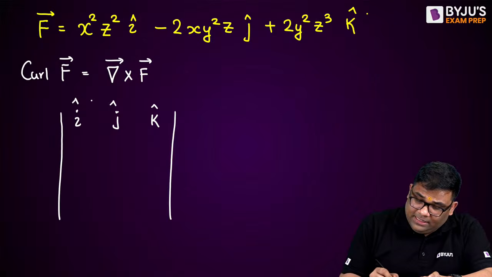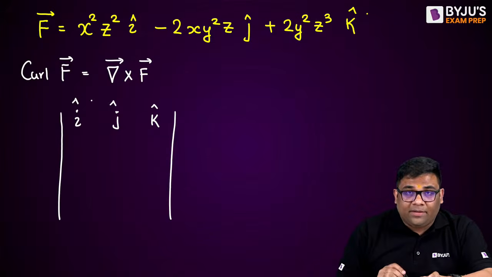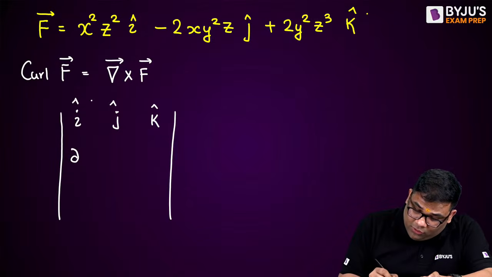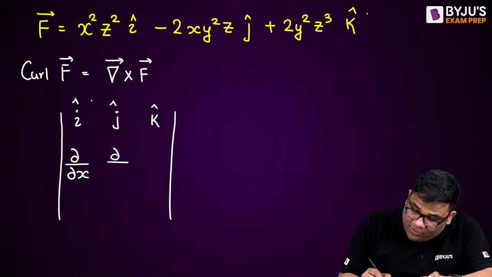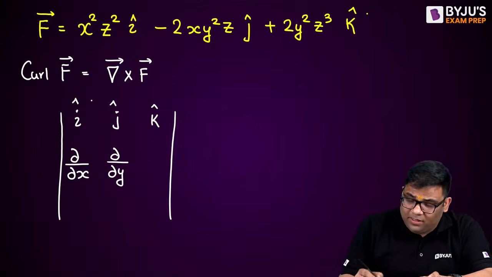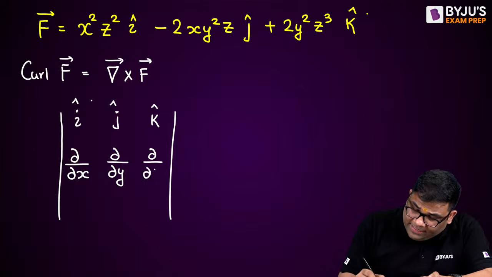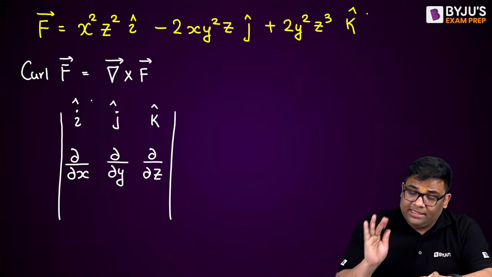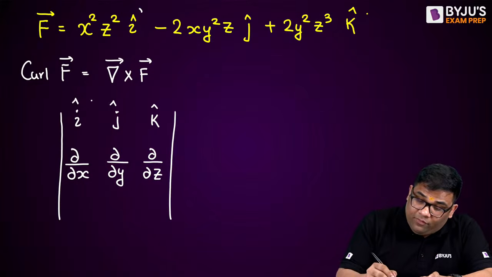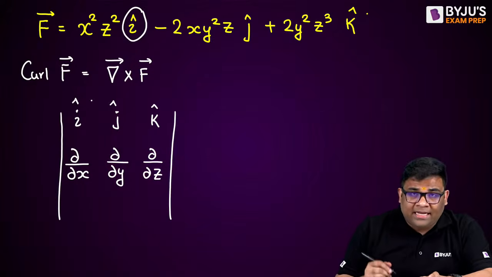Then first what is coming? Del operator is coming. Now what is del operator? Dou by dou x I cap, dou by dou y j cap, dou by dou z k cap. First write down this del operator. Then f. If you see f, what is the x component?